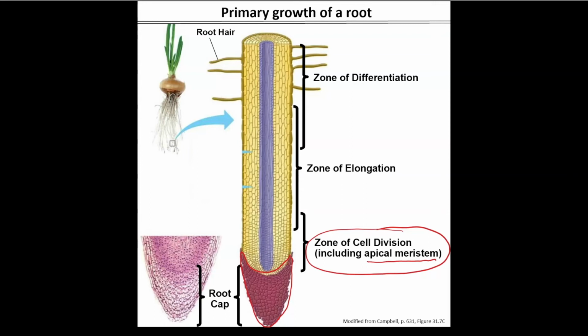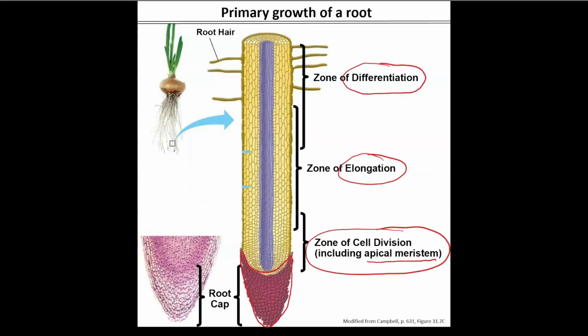Okay, once they've actually multiplied, then they're going to go and elongate. Okay, they start to elongate, and that's what's giving that little bit of extra force to push that root cap into the ground.